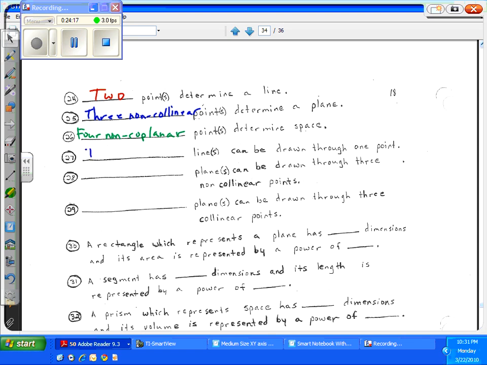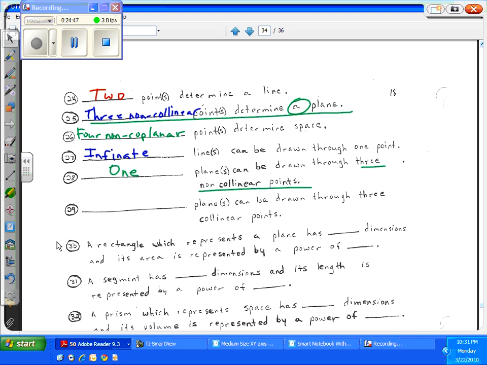How many lines can be drawn through one point? An infinite number. How many planes can be drawn through 3 non-collinear points? 3 non-collinear points determine a plane. That means one plane can be drawn through 3 non-collinear points.